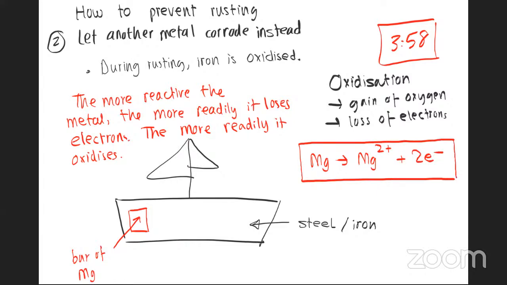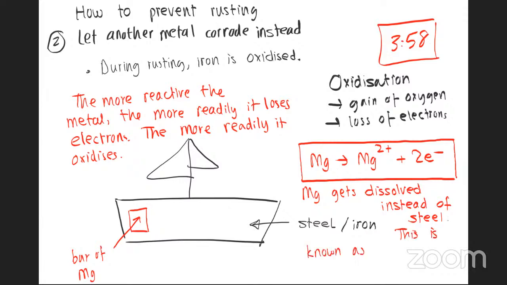So magnesium got corroded instead of steel, and this process is known as sacrificial protection. So magnesium gets dissolved instead of steel, and this is known as sacrificial protection.